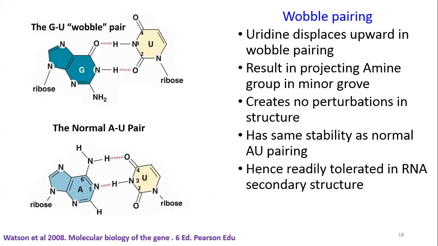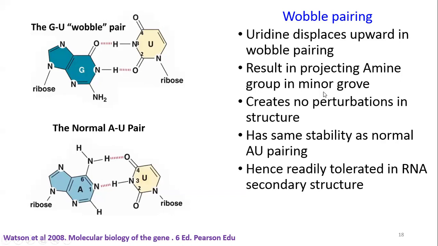Hence such Wobble pairing is readily tolerated in RNA secondary structures. Although the line of hydrogen bonding is different in Wobble base pairing, it won't eventually affect the secondary structure of your RNA molecule.